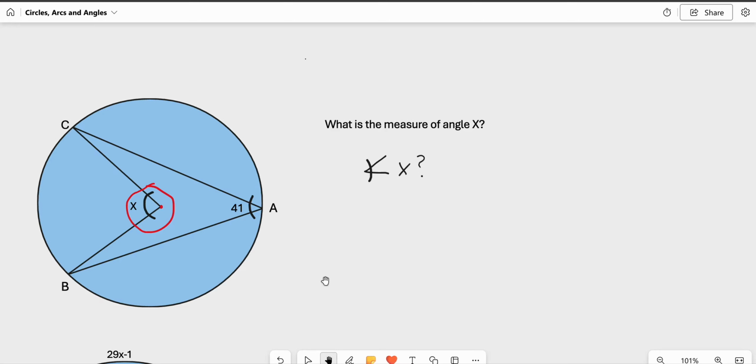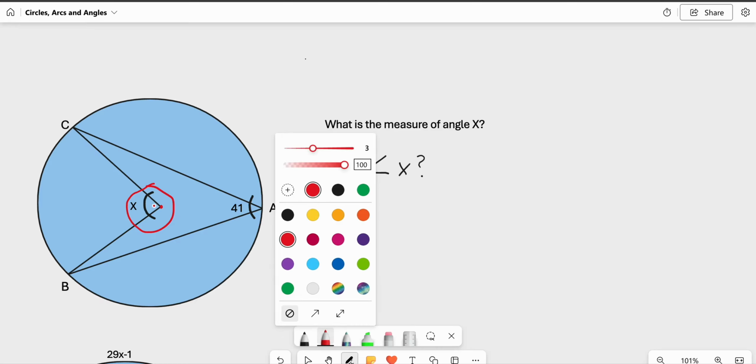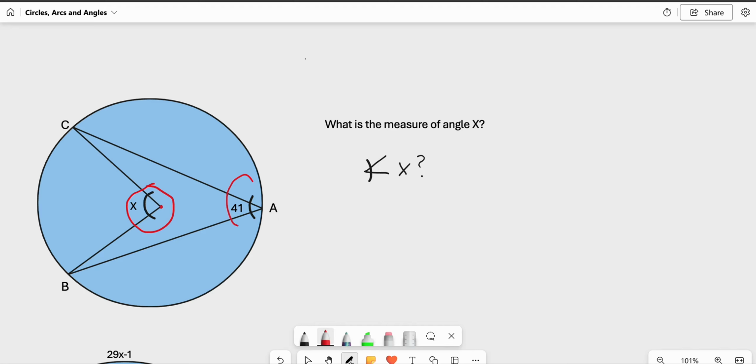And we have two angles, right? It's very clear. We have this angle, and what type of angle is this? This is a central angle, right? And we have also this angle. And what type of angle is this? This is, yes, an inscribed angle.